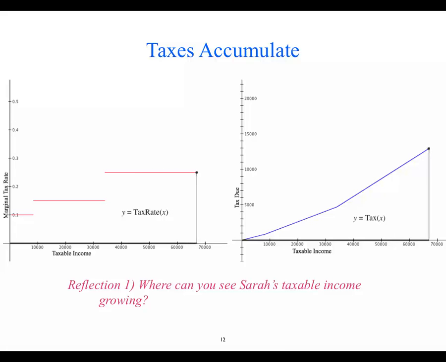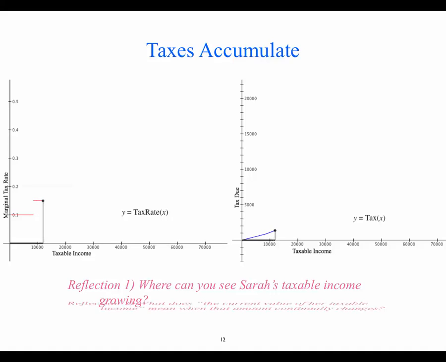Just along the x-axis. Okay, which x-axis? On either graph that has taxable income on the bottom. You see that growing as she's working days and weeks throughout the year. Her taxable income grows, and that's being shown on the x-axis, both graphs.